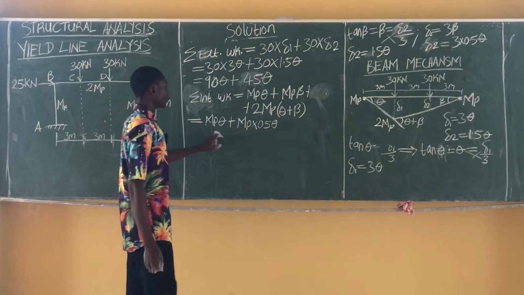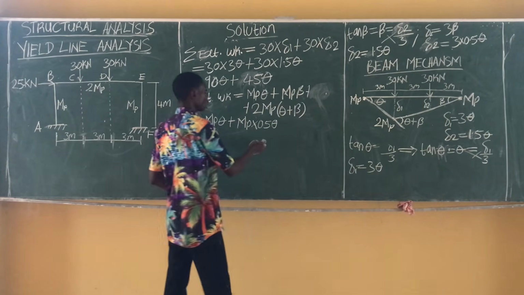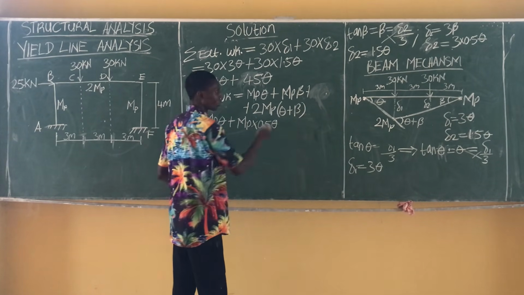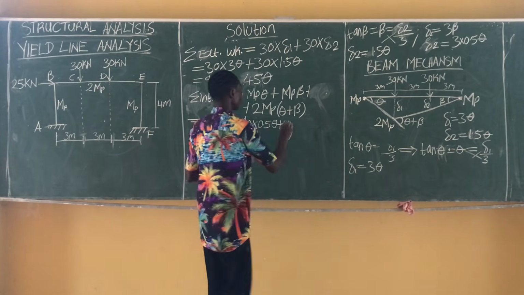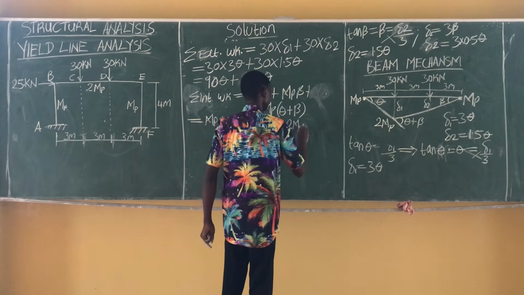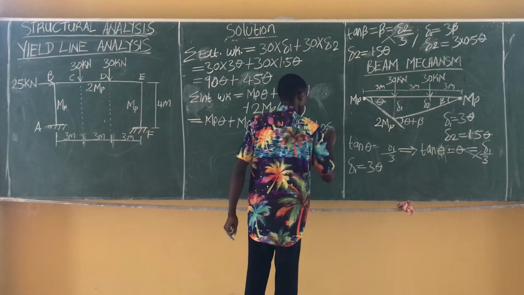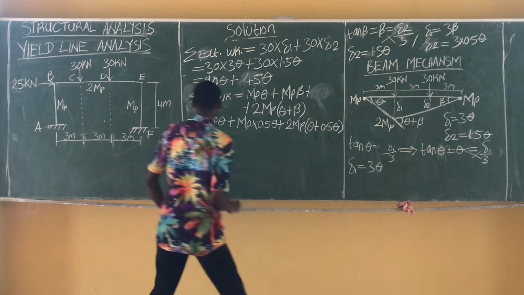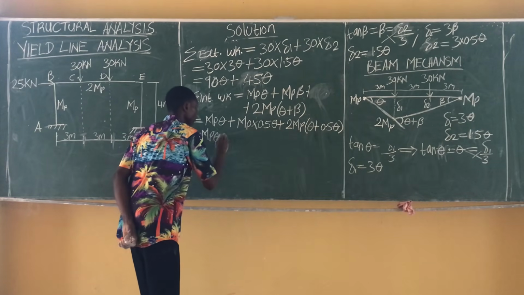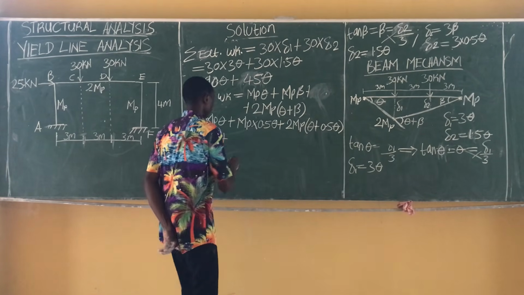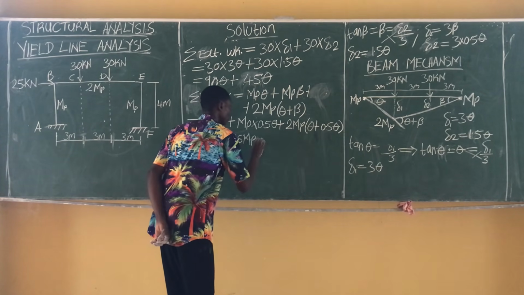So we have MP theta plus MP times, expressing beta, which is simply equal to 0.5 theta, half of it. Plus our 2 MP into theta plus 0.5 theta. So we have this to be equal to MP theta plus 0.5 MP theta.